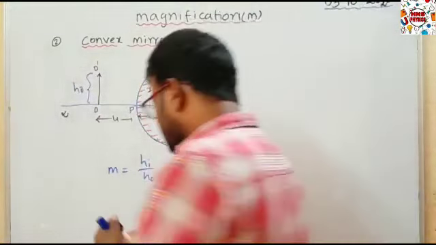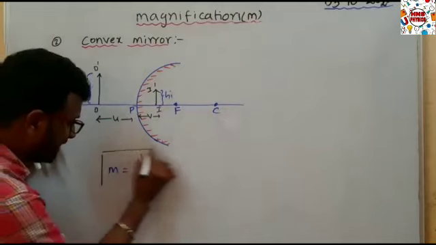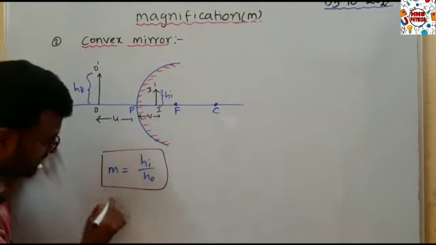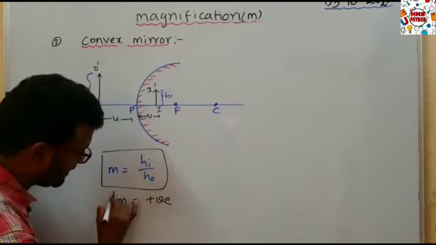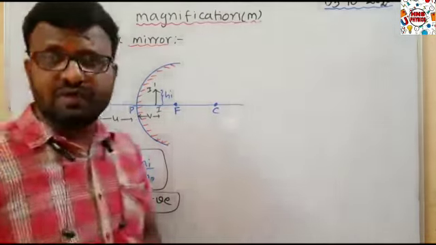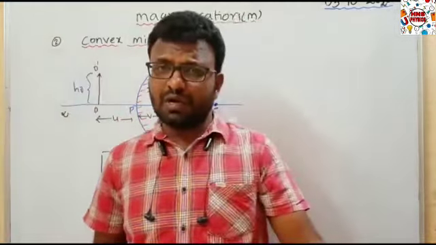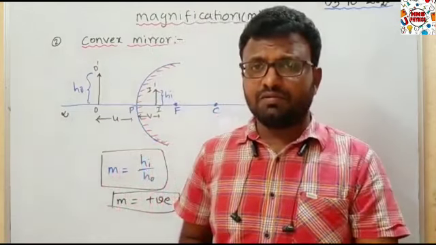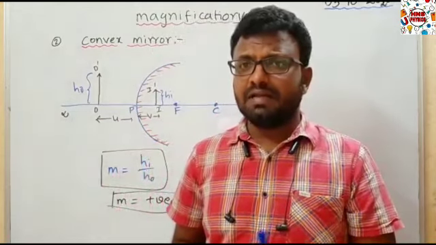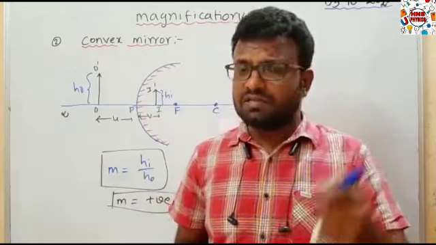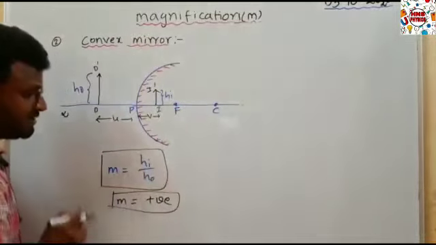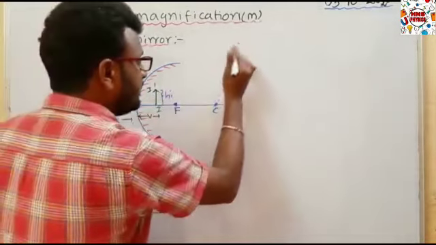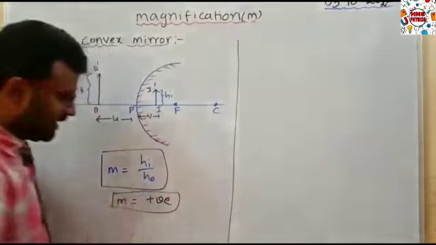So magnification is positive for a convex mirror. For a concave mirror, it is negative for a real image and positive for a virtual image, right? Here magnification is positive for a convex mirror.